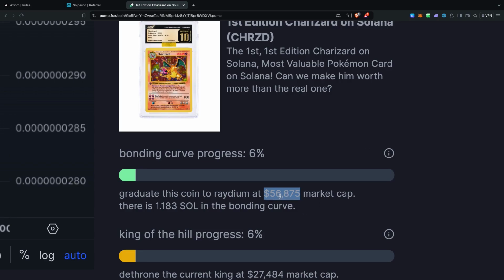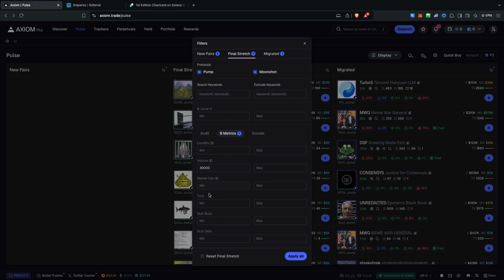If you're good at mathematics, what's 30% of 60,000? 60,000 multiplied by 0.3 is around 18,000. 60,000 minus 18,000 is about 42,000. So 30% away from 60,000 is roughly 42,000 US dollars. So we're just going to put the market cap minimum at 45,000 US dollars.